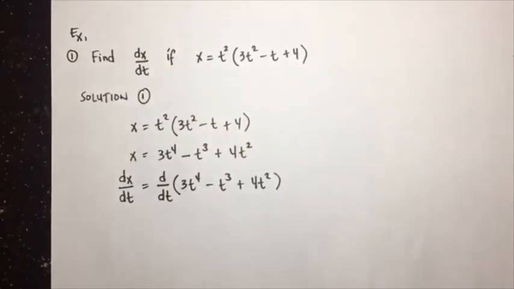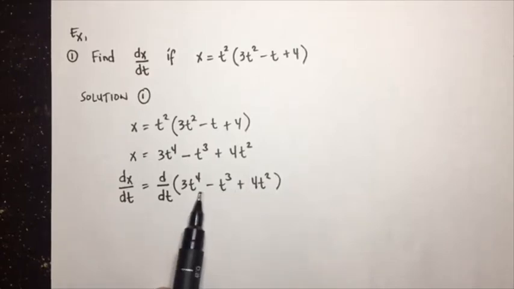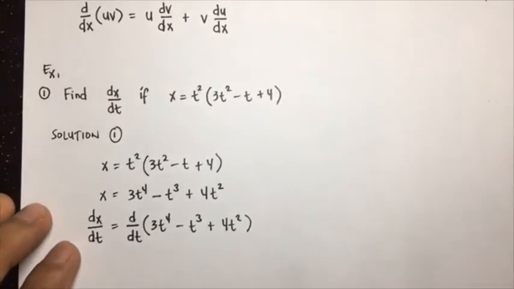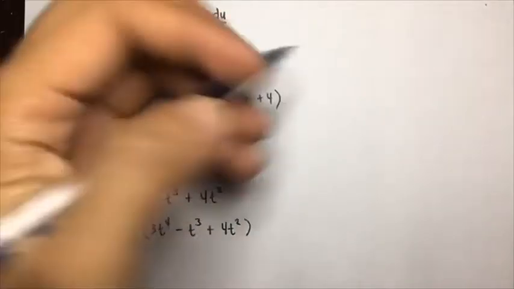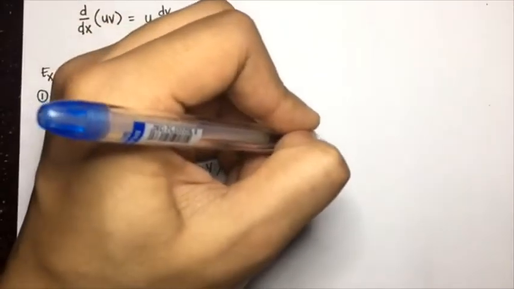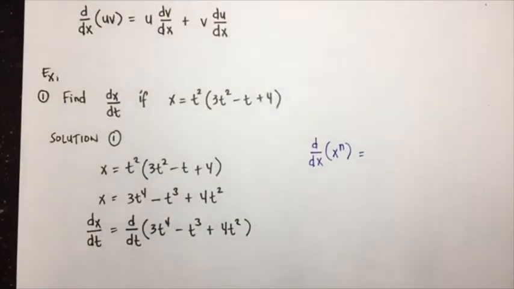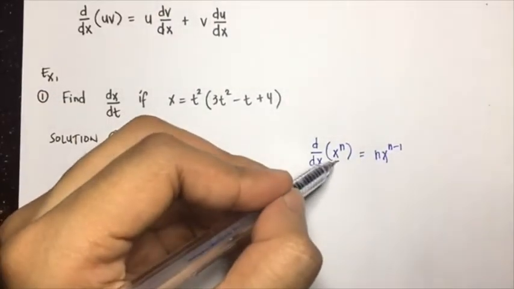Okay, although our variable is t, we can still apply the previous formula. The previous formula we had was for powers of x, but actually it could be any variable. The derivative with respect to x of x raised to n is equal to n x raised to n minus 1.